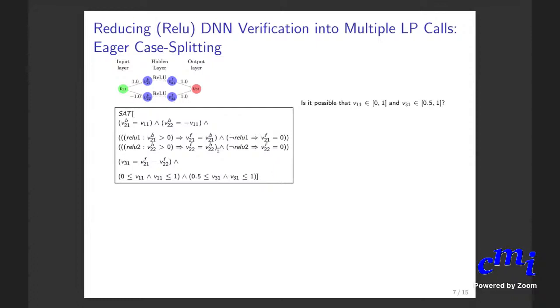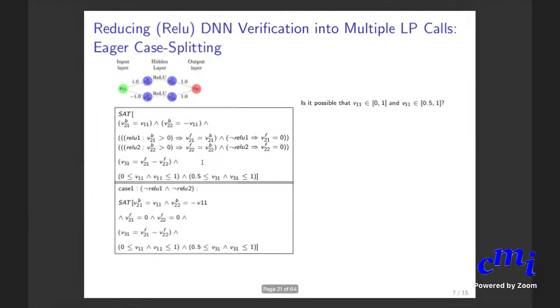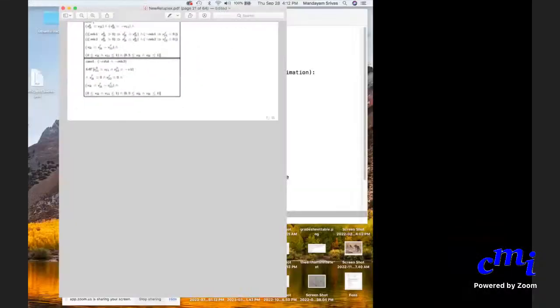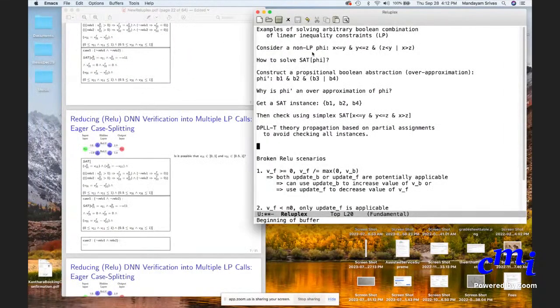Reluplex is a special purpose decision procedure which extends simplex in some ways to be able to handle disjunctions as well, and that's what I'm going to describe here.